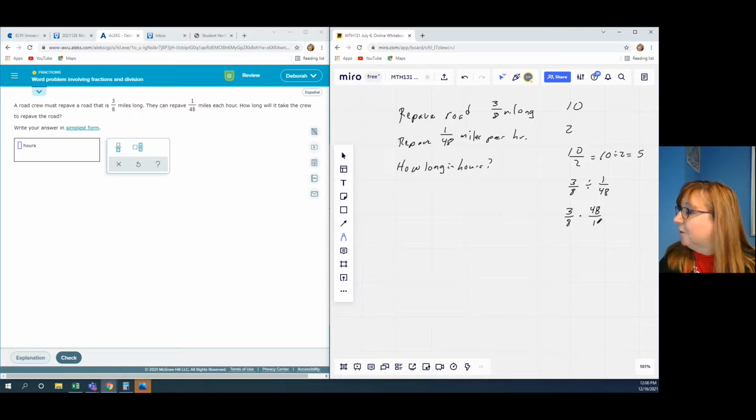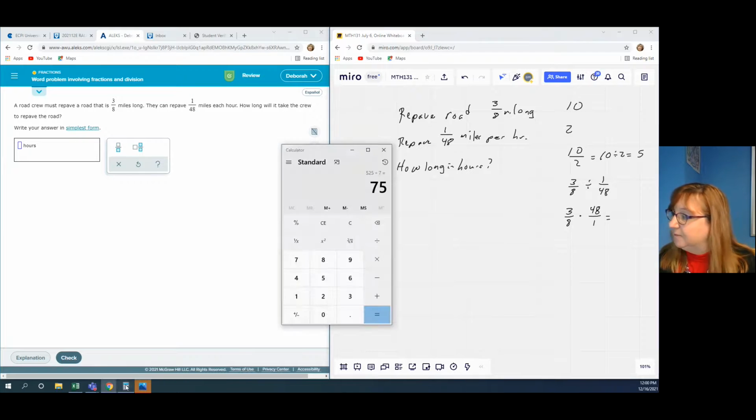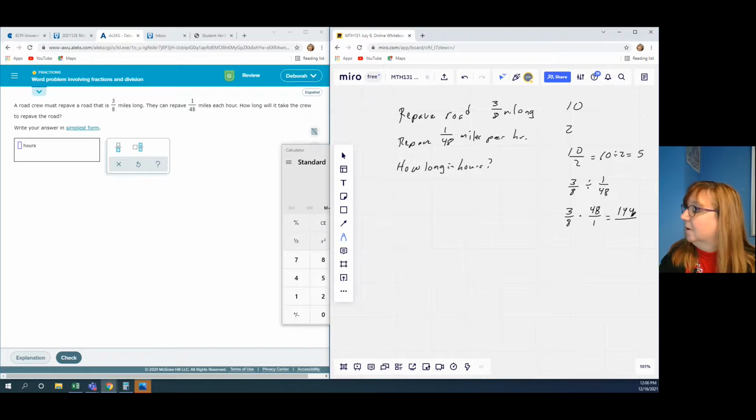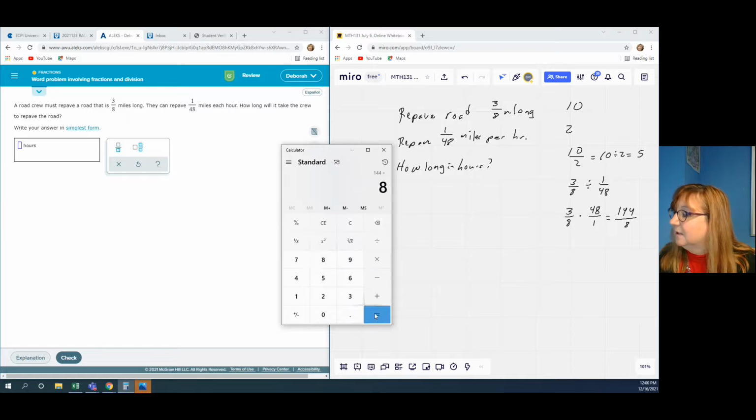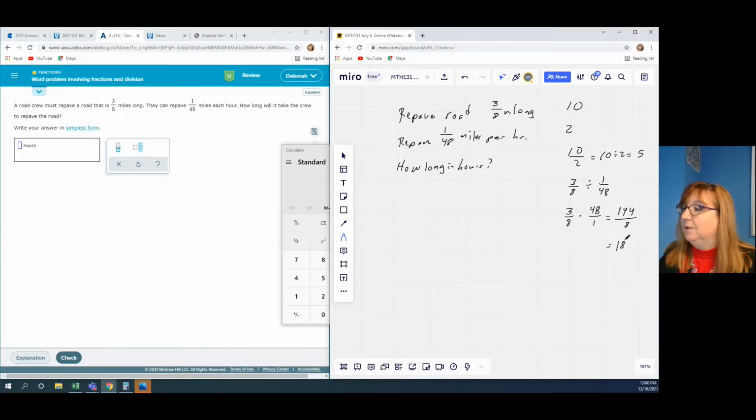So I get 3/8 times 48/1. 3 times 48 is 144 over 8, and 144 divided by 8 is 18. So it will take them 18 hours.